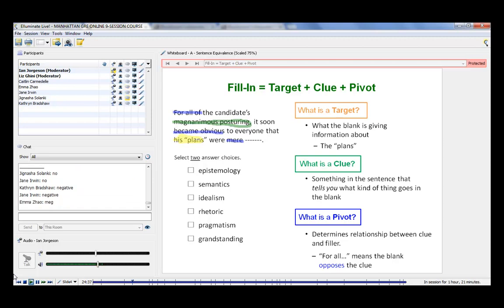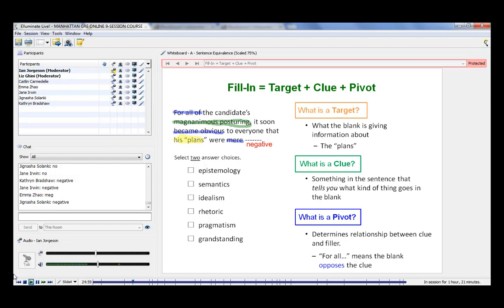Yeah, it's going to be something negative. I have a hard time with this one of being precisely sure what the correct answer is ahead of time, but I know it's going to be something that's negative, right? Even though he acted very generous and noble, it soon became obvious that his plans were mere blank, something negative.